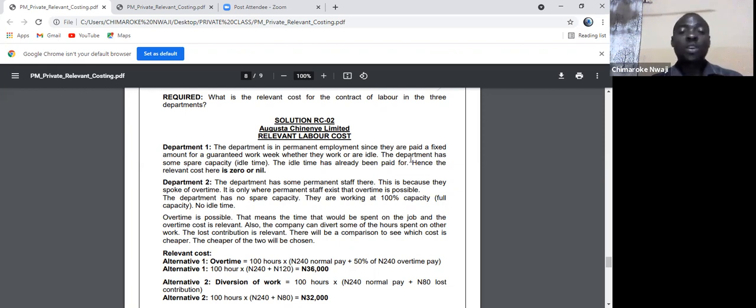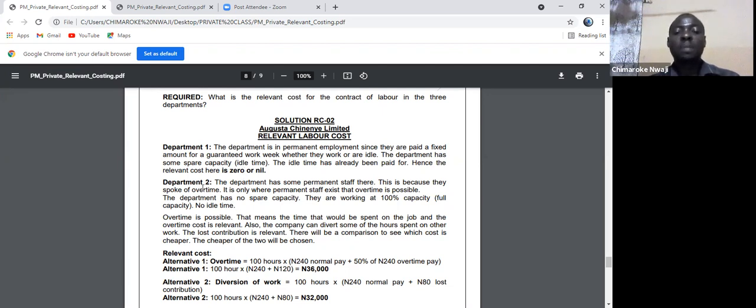Their time has already been paid for. So the relevant cost in Department 1 is 0. That's it. So we move to Department 2.